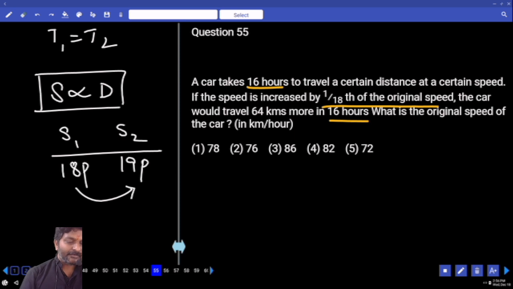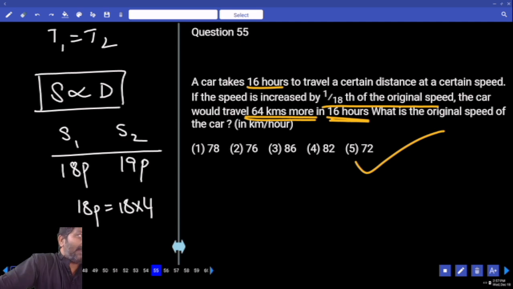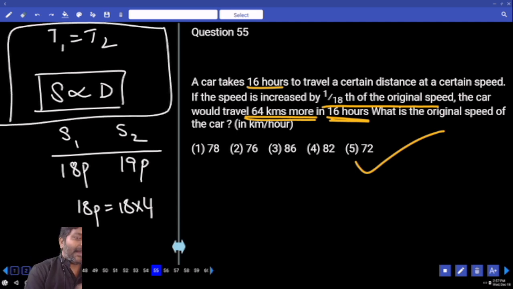Speed increased by 1 part. 64 kilometers extra distance is covered in how many hours? 16. Then per hour, speed increased by 1 part. Because of that 1 part, 4 kilometers extra distance is covered. That means we can conclude 1 part is equal to 4. Then 18 parts is equal to 18 times 4, 72, directly. This is the background: if time is constant, speed and distance are both directly proportional.